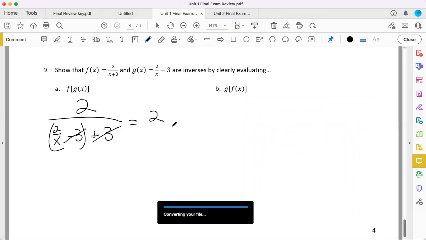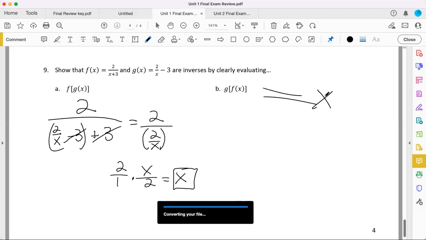And now you're trying to simplify 2 over x. This is division of fractions. The top you can rewrite as just 2 over 1. Flip the bottom. Just gets you x. And if all goes according to plan, this should also equal x, but I'll leave that to you.